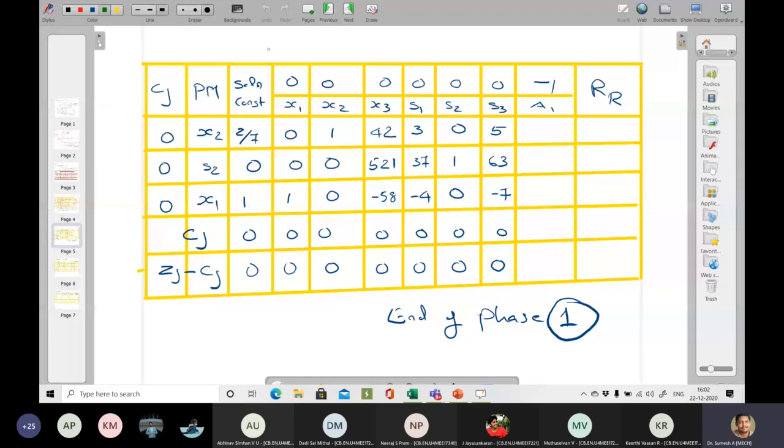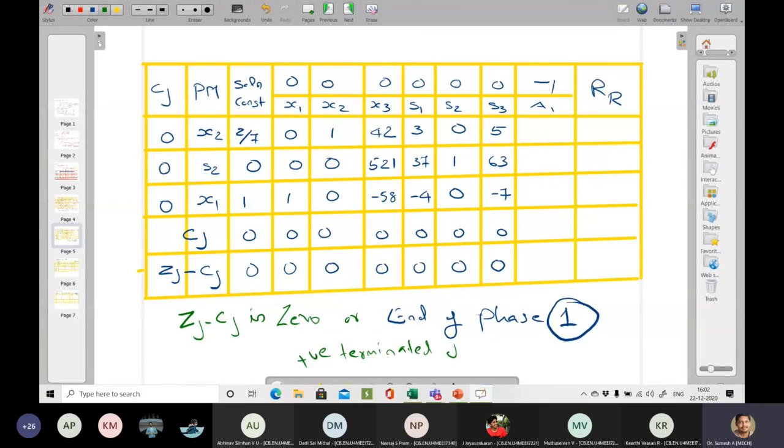We have calculated all Zj minus Cj, and they are 0 or positive, so I terminated the iteration. That is the end of phase 1.